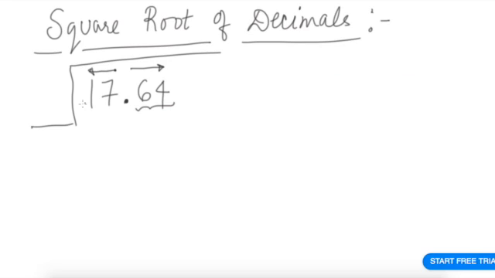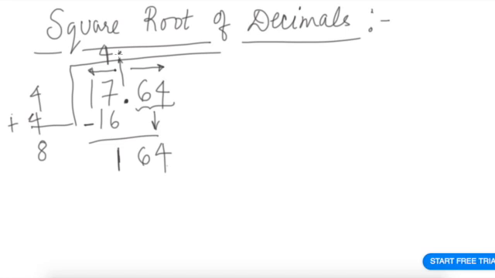Now let's look at 17.64. Which is the square number closest to 17? 4 times 4 is 16. So the answer is 4, and the remainder is 1. Now we need to add 4 here. So that becomes 8. We'll bring that down, 164. Now certainly there is a point that we need to take up, so that becomes 4 point. What do you need to multiply here?